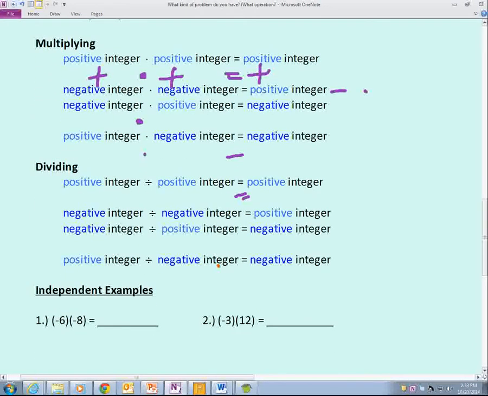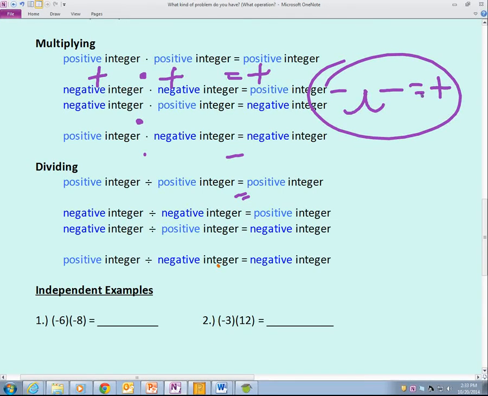Negative times a negative equals a positive. This is that dance move again right here. And it kind of looks like Hello Kitty. Negative times a negative is a positive.